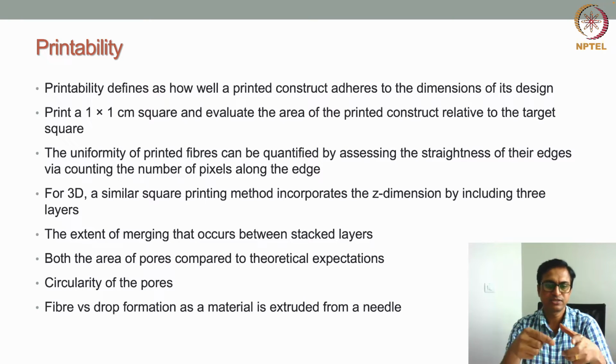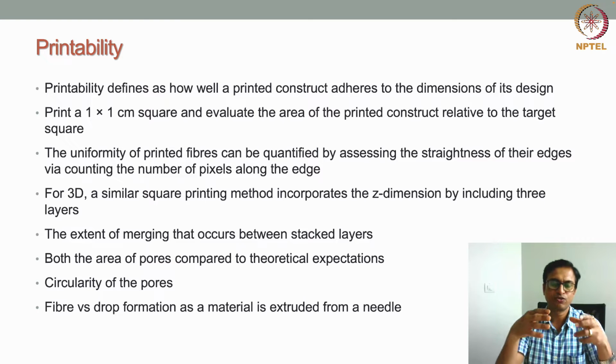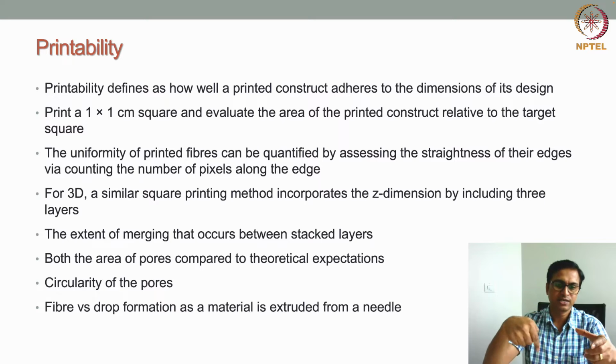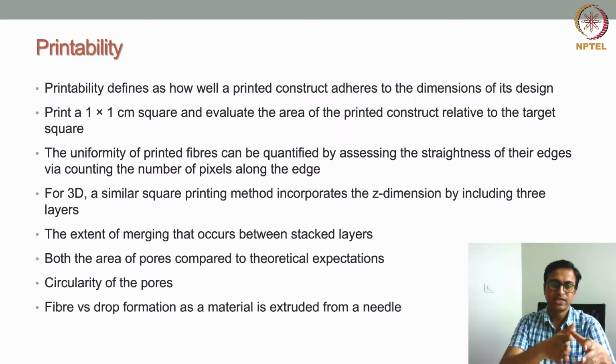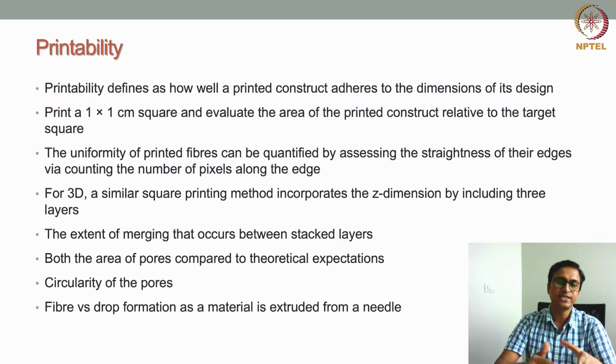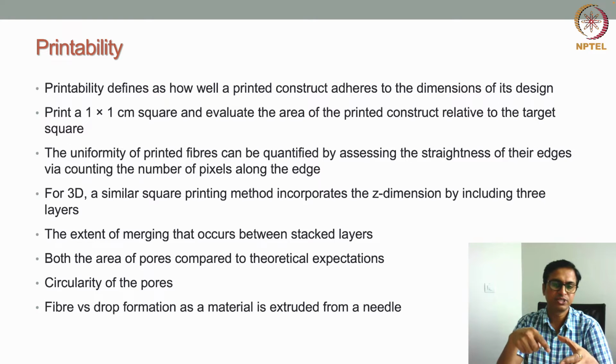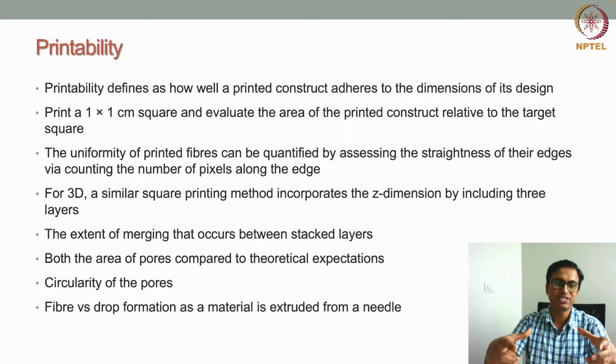In the lattice, the lines of the first layer are designed to face a particular angle. Then the lines of the next layer are at 90 degrees to the preceding layer. In this case, you can print squares.